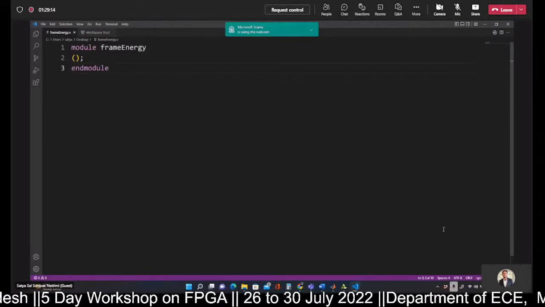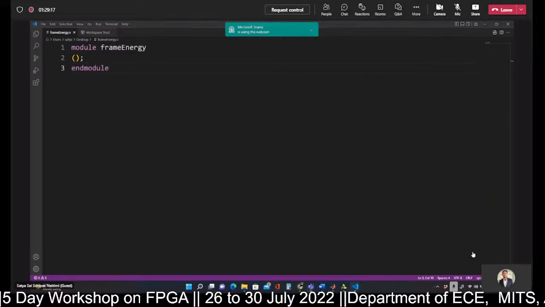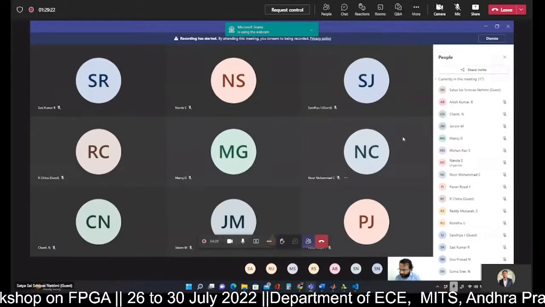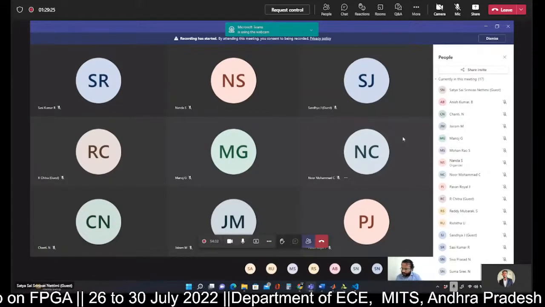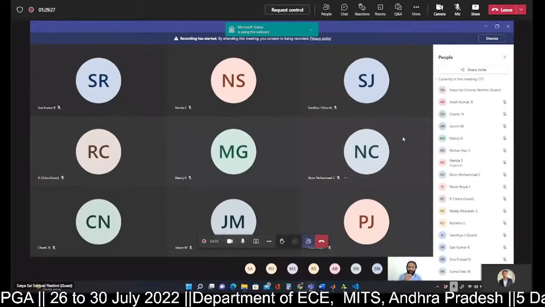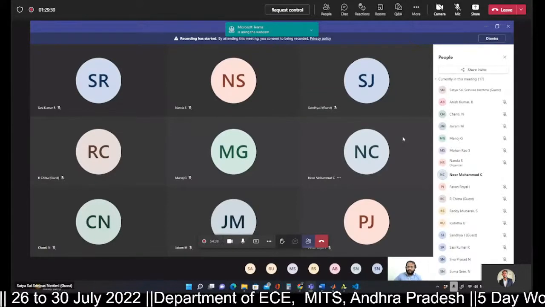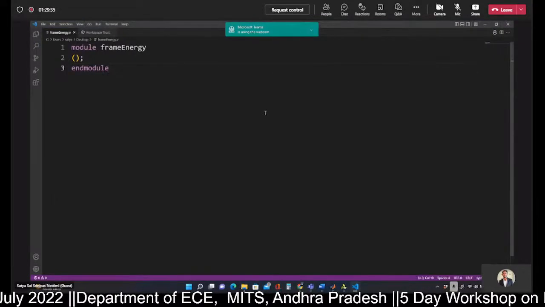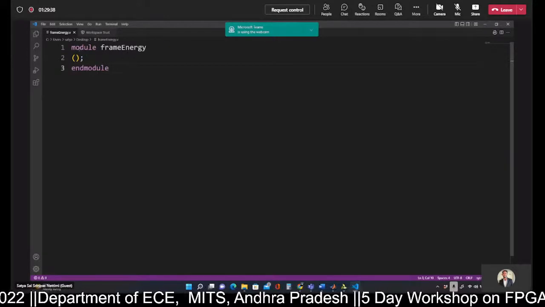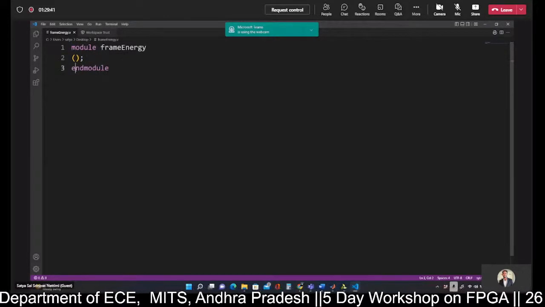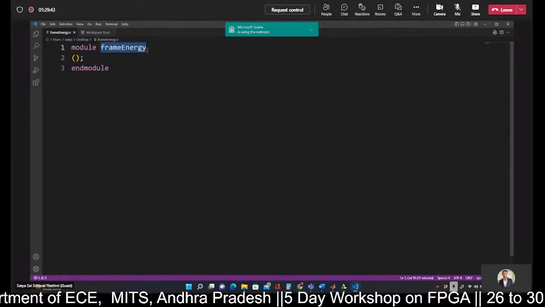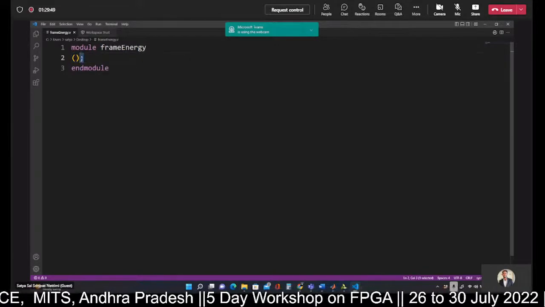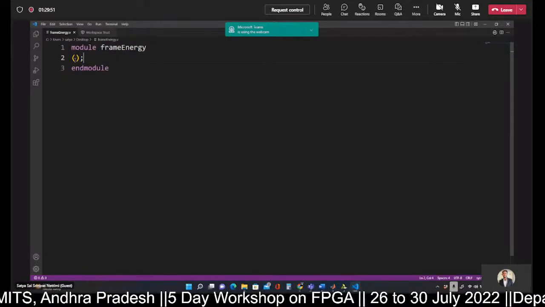Do you want me to wait or shall I proceed? Please acknowledge me. Okay, everyone has completed up to this stage, right? We have a keyword called module, our module name is frame energy, and we have a parenthesis ended with a semicolon. So this is the syntax, right?